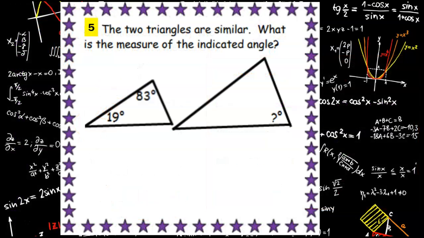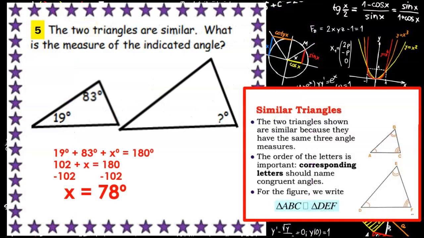Number 5, the two triangles are similar. What is the measure of the indicated angle? Okay, so we know that the angles inside a triangle add up to be 180 degrees. So if you add 19 plus 83, you get 102. So 180 minus 102 is 78.